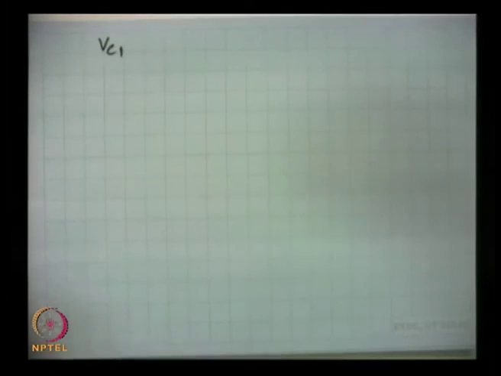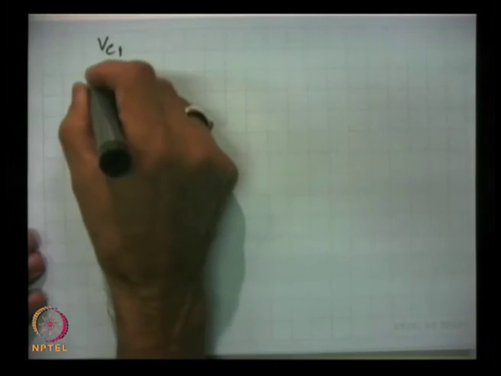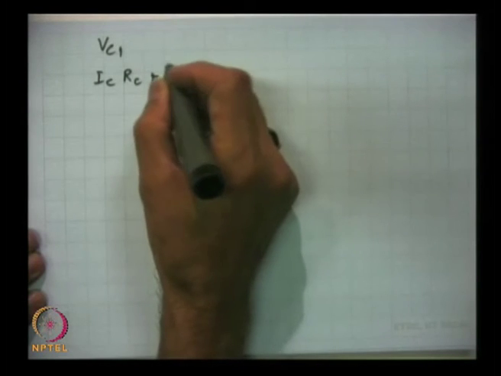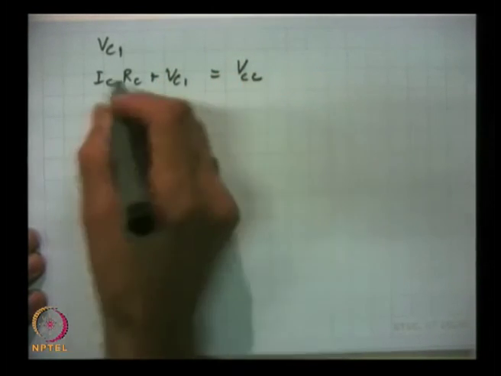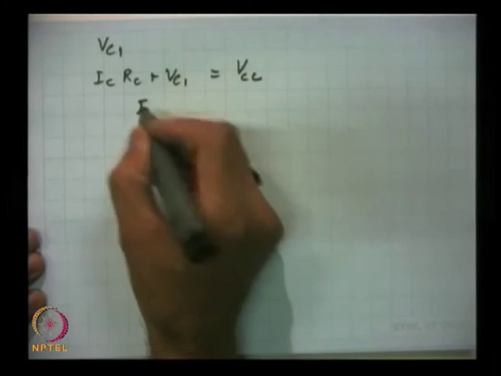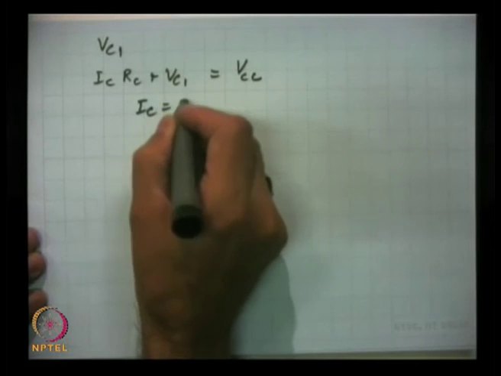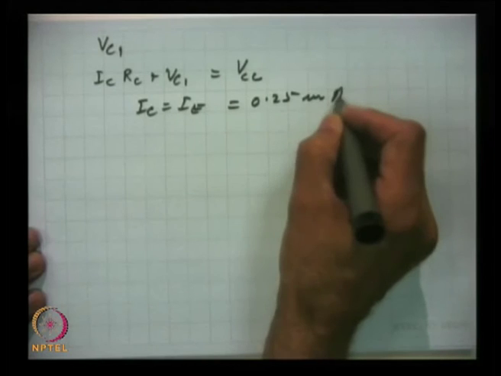find Vc1, the voltage at the collector of the first one. We apply the summation of voltages for this circuit, and that gives IC RC plus Vc1 equal to Vcc. In all BJTs, IC is equal to IE, which is equal to 0.25 milliampere.